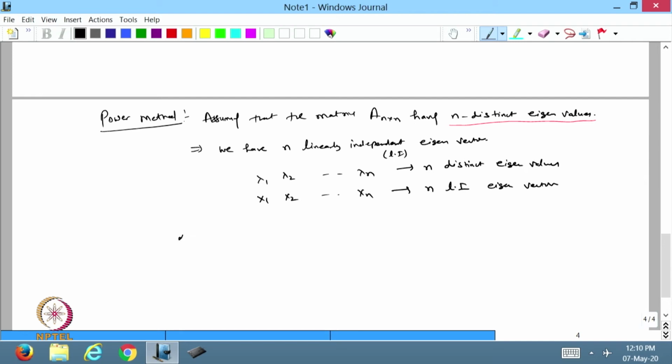So, let us choose, without loss of generality, that lambda 1 is the highest one. So, I can call it lambda 1 is greater than lambda 2 up to lambda n, because they are n distinct eigenvalues.